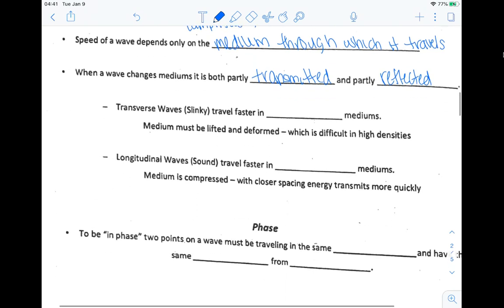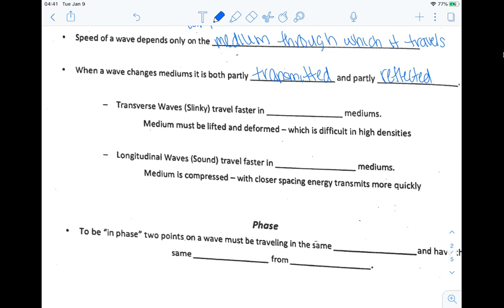Transverse waves, again, I encourage you to look at the videos on these so you can see the difference. Transverse waves move faster in sparse or low dense materials, and longitudinal waves move faster in dense materials, which is why, like, sometimes if you want to spy on somebody in the room next to you, you're able to put your ear against the door and you'll be able to hear it better.